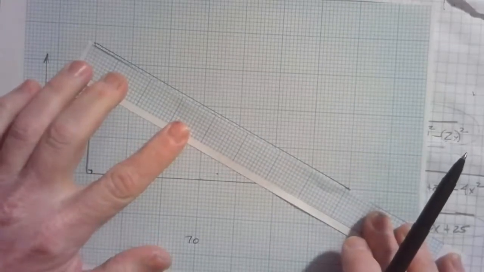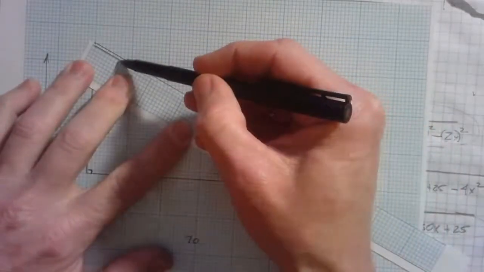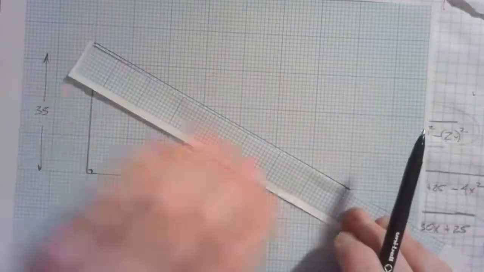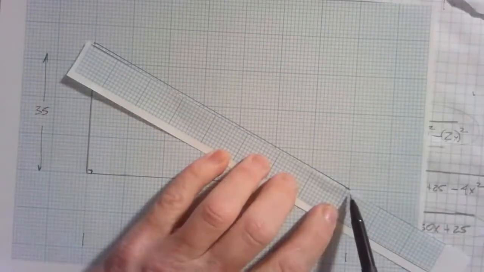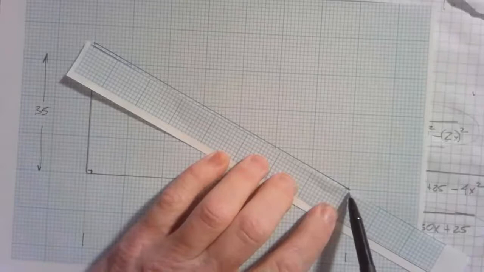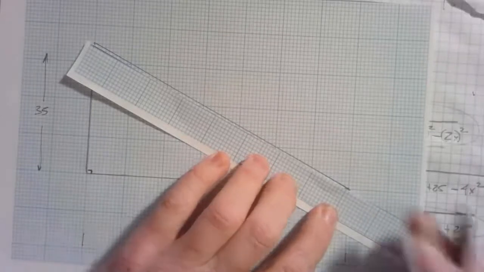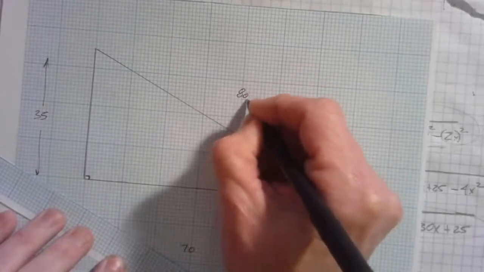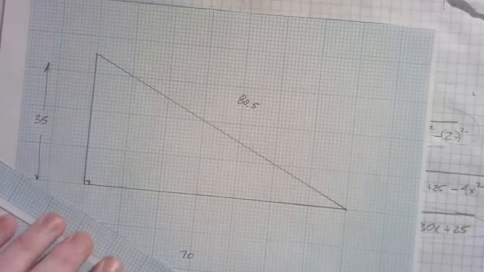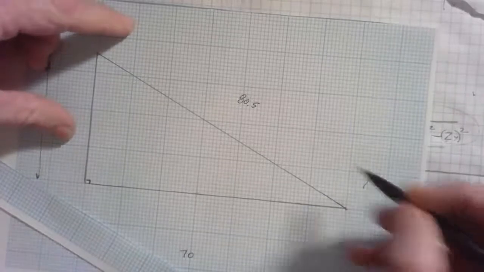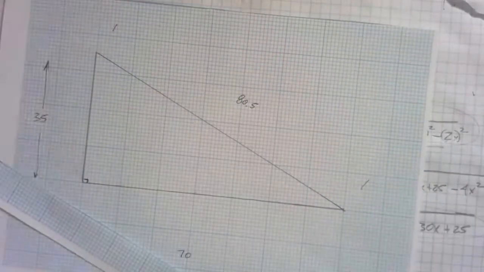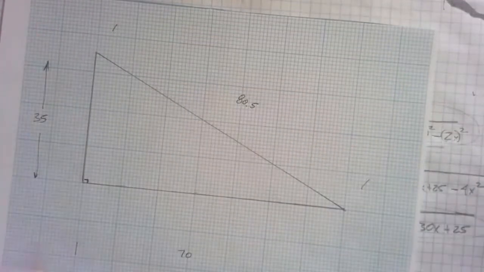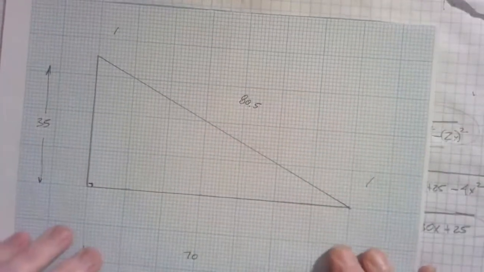So, for example, I could go 10, 20, 30, 40, 50, 60, 70, 80, a little more than 80, maybe 80 and a half. And that would be the hypotenuse from here to here. So if you want to measure with me as you go along, fine. If not, just listen up.